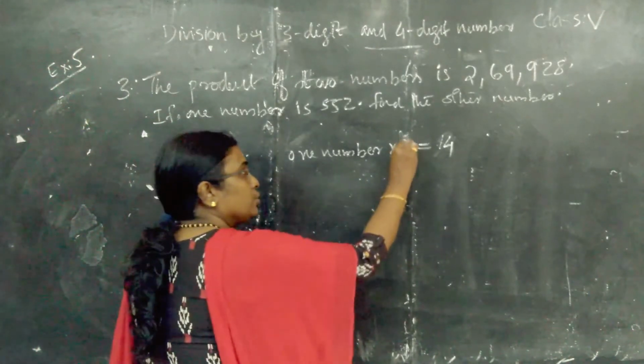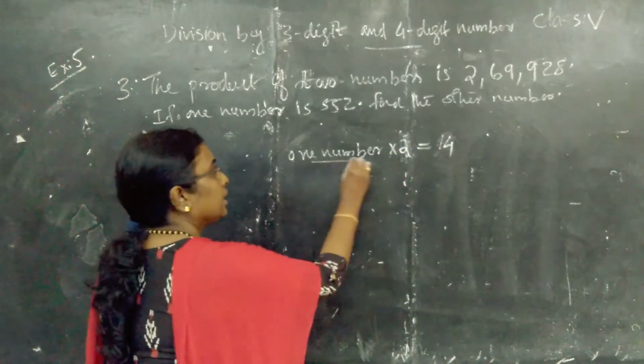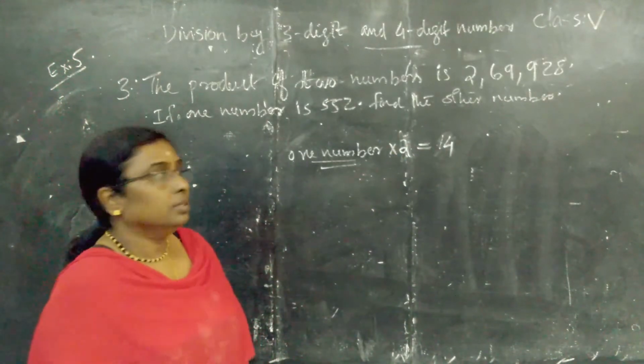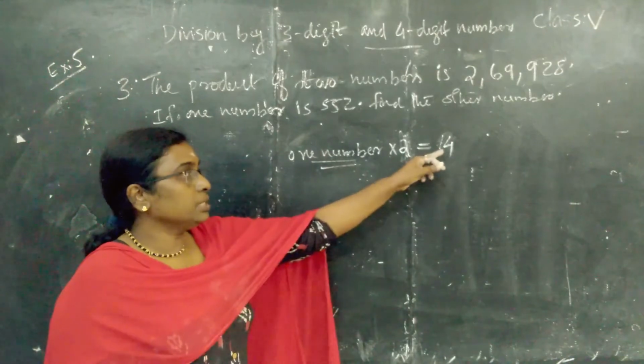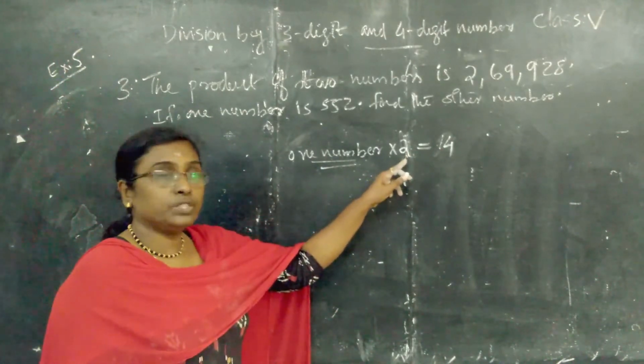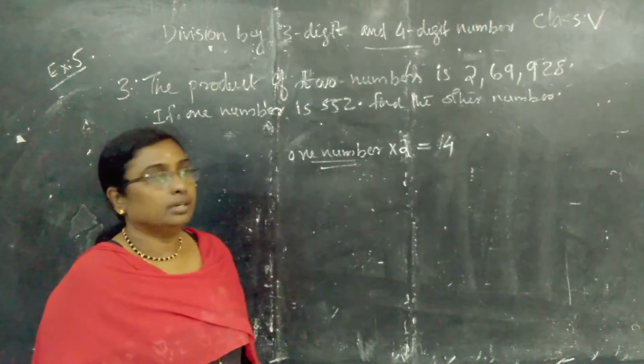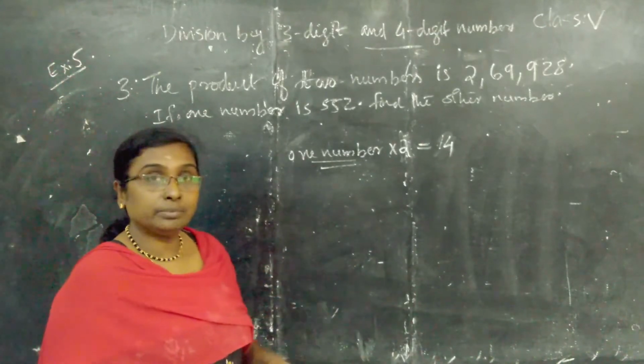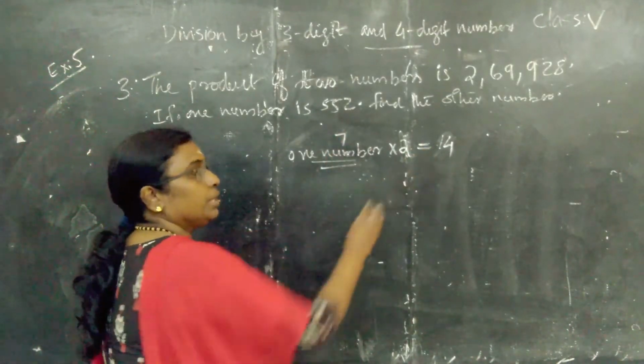If one of the number is 2, find the other number. What is the other number? 7. 7 into 2 equal to 14.